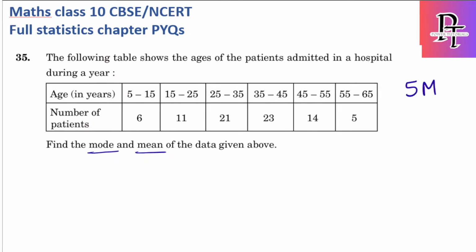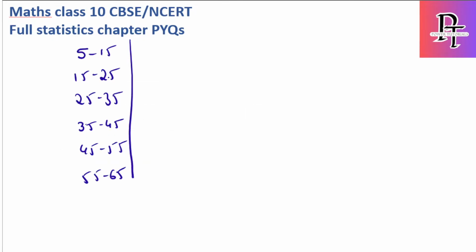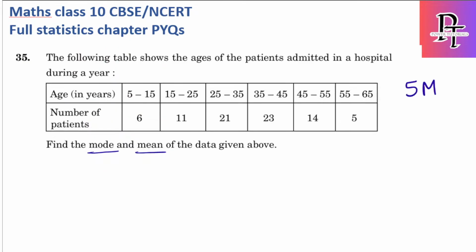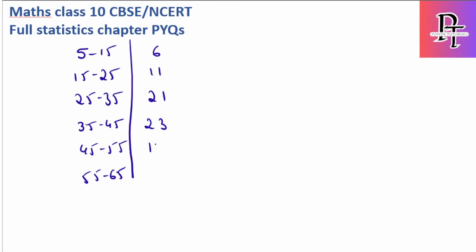Then I have 6, 11, 21, 23, 14 and 5. These are the frequency values.